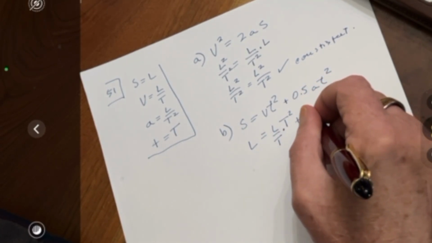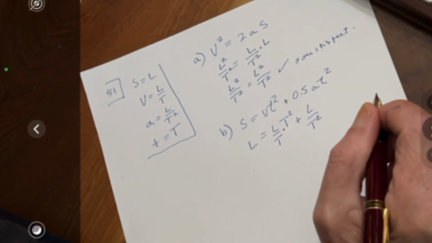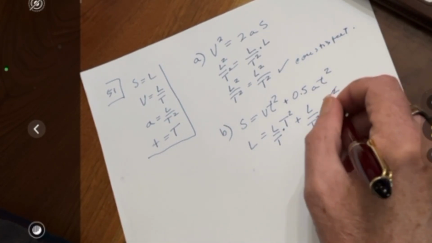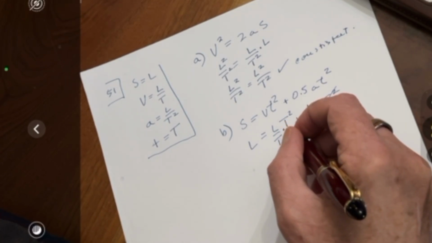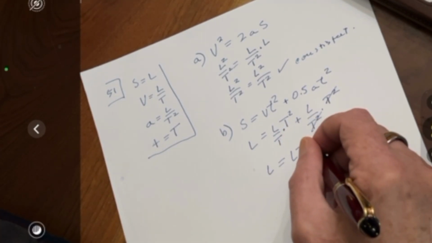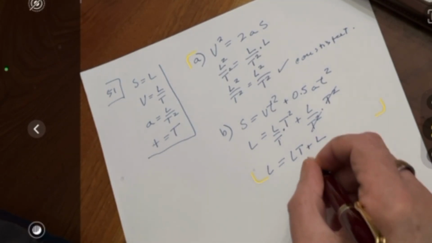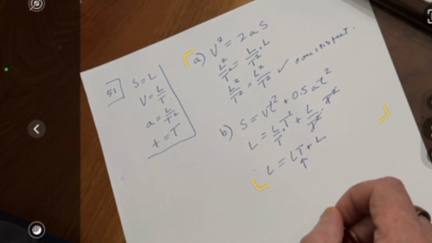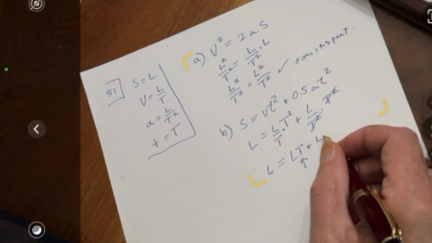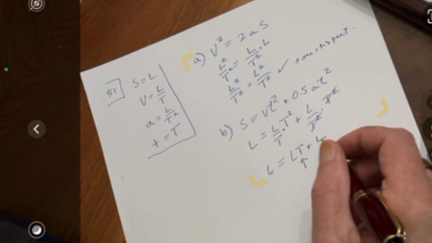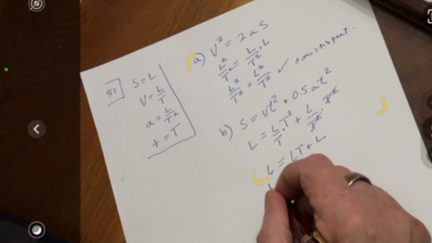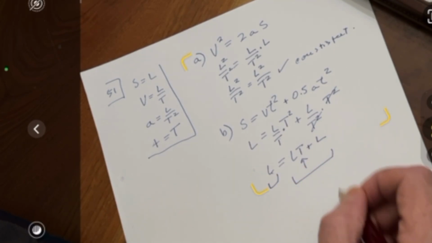So we've got L over t times t squared, and one of these t's will cancel. We end up with L equals Lt plus L. There's an extra term in here. This gives you length, this gives you length times time. So they are not consistent. L does not equal that.